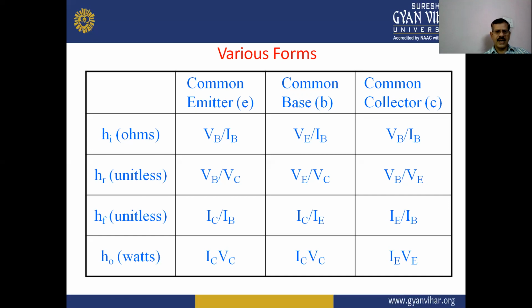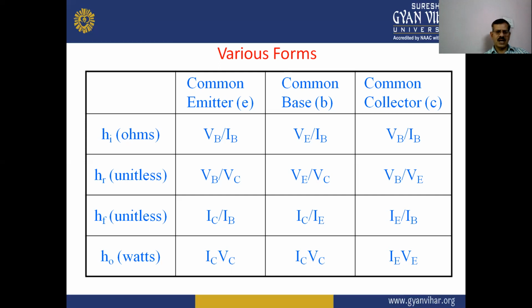And also hf, that is unitless, or that is the current gain, and hfe equal to IC upon IB in common emitter, and hf equal to IC upon IE in the common base configuration, and also hf equal to IE upon IB in the common collector configuration.